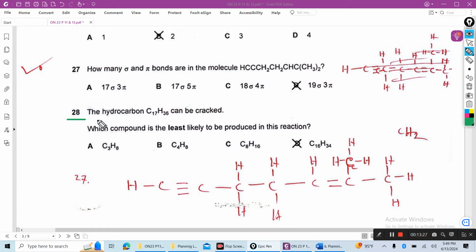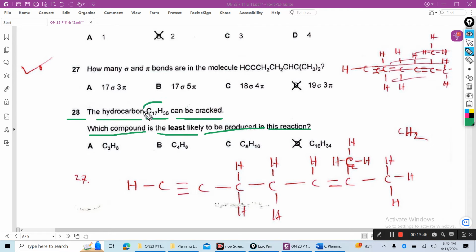Next, the hydrocarbon C17H36, this is an alkane, can be cracked. Which compound is least likely to be produced in this reaction?